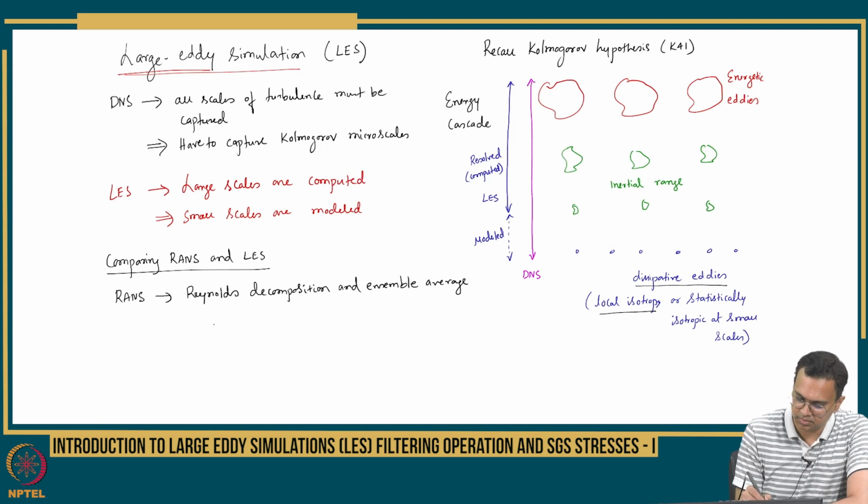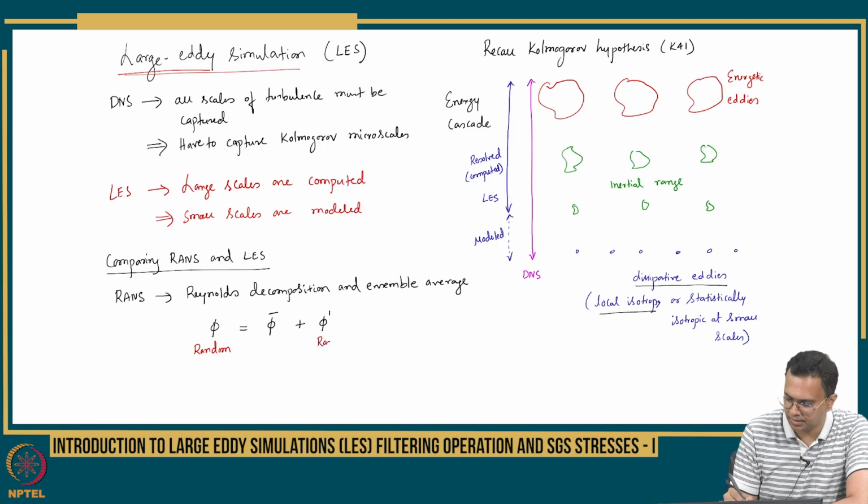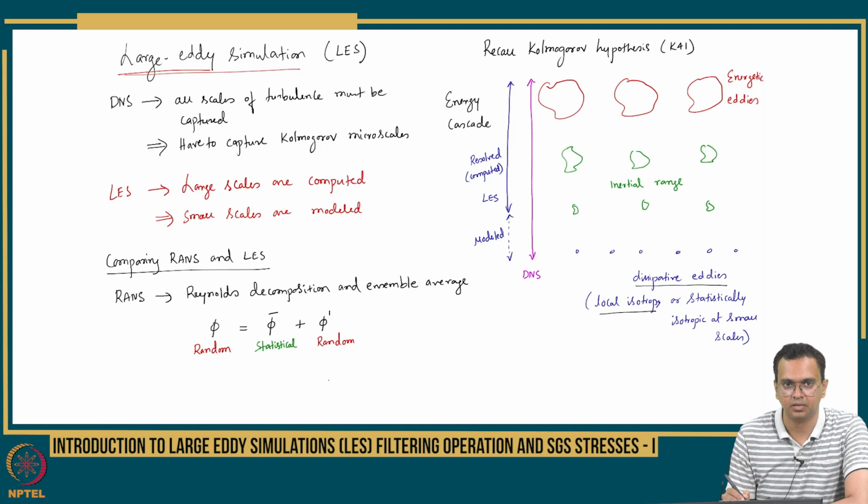What does that mean symbolically? If I have phi, a random component, I am going to decompose it into phi bar plus phi prime. Here phi is the random component, a random signal, phi prime is random, and phi bar is statistical, the mean.